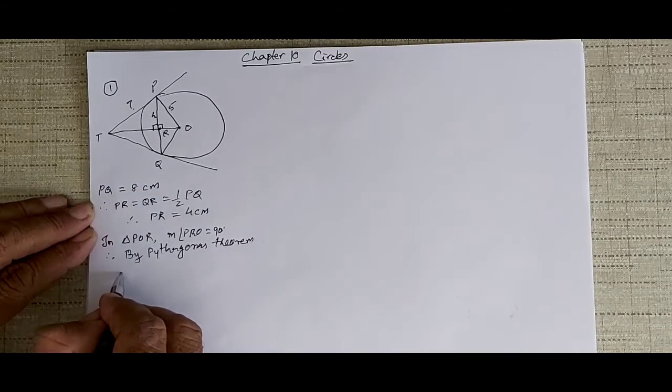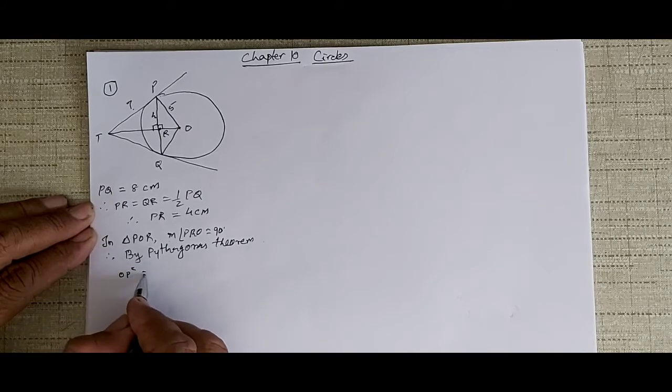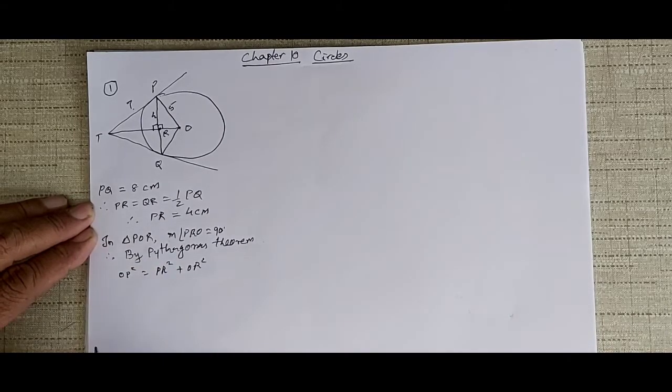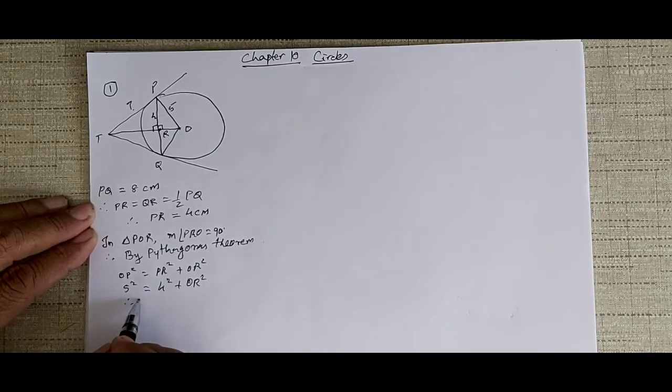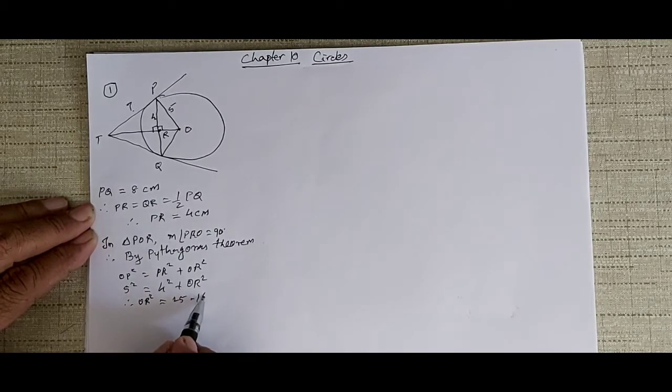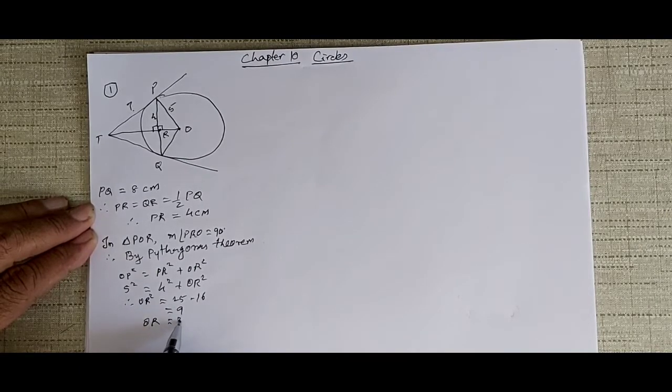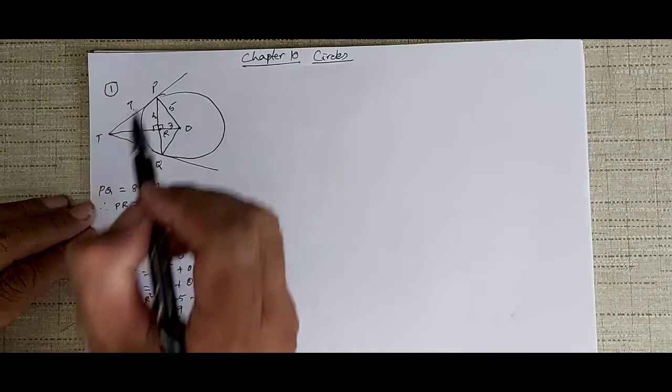OP square, opposite to the right angle, is equal to PR square plus OR square. Now OP square is 5 square, PR square is 4 square, and let's find out OR square. So OR square will be equal to 25 minus 16, which is equal to 9, and square root of 9 is equal to 3 centimeters. So this is 3 centimeters now.